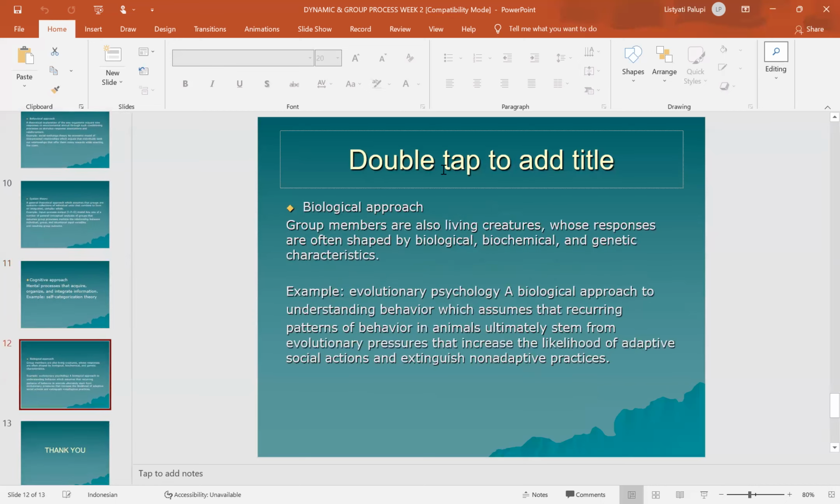Next, the last approach or perspective that exists in group dynamics is the biological approach.